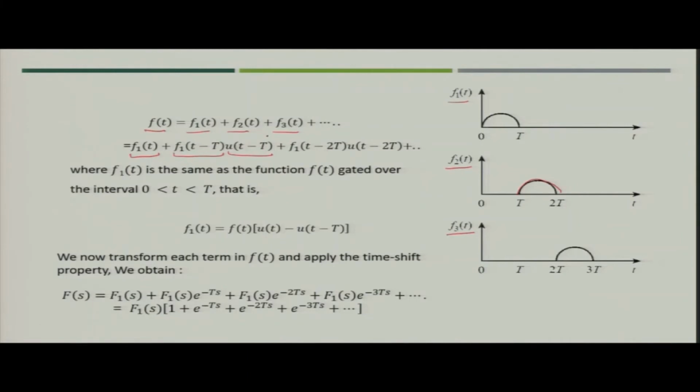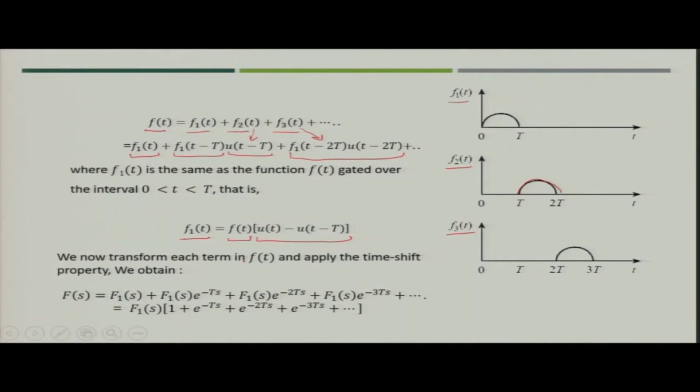Similarly, for f3 you can write f1(t minus 2T), because it is a time shifted function with time equal to 2T. So you can write f3 also in terms of f1 and so on. So for f1(t), what is f1(t)? f1(t) is nothing but the function f(t) with limited period, that is limited by u(t) minus u(t minus T).